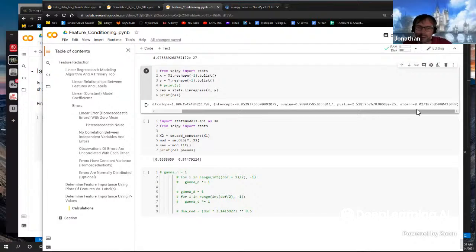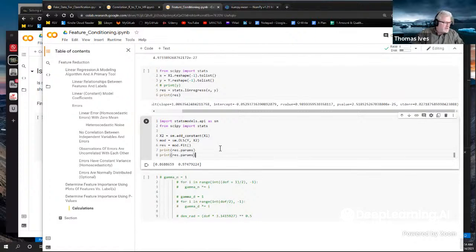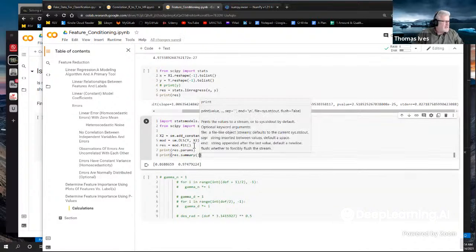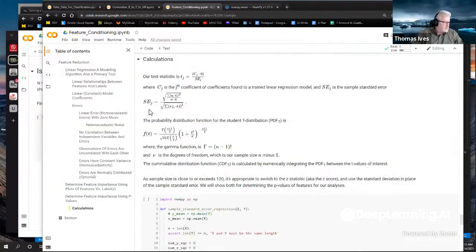Sorry, Tom, doesn't it show a report when you use the stats? Yes, in fact, Jonathan, that's what I was worried about. Let's do it this way. I'll just have to run the whole notebook, but I think we'll be fine. It should run without errors based on what I've been doing. Well, we may not have to run the whole thing. So I think I only need to come up to here.